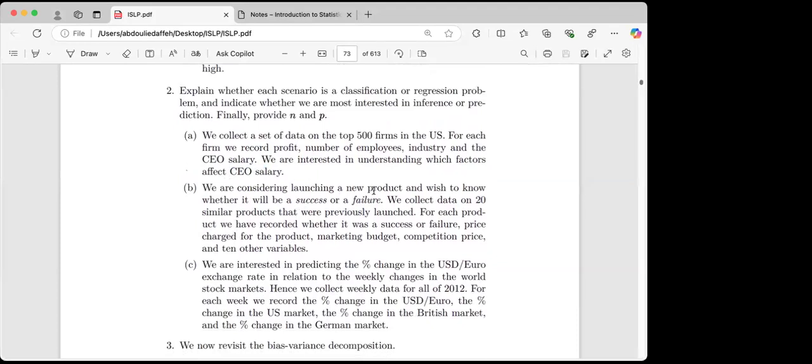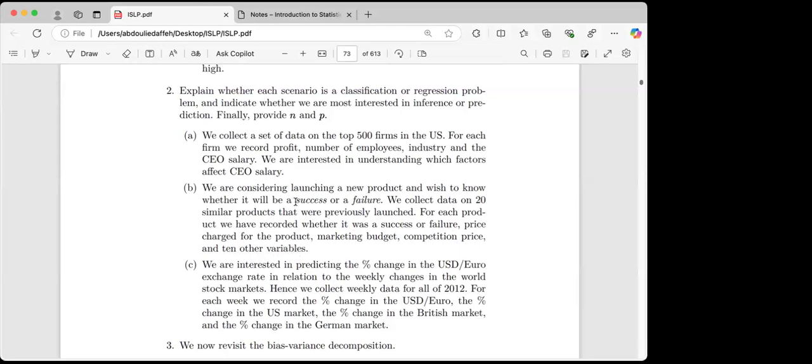So we are considering launching a new product and wish to know whether it will be a success or failure. We collect data on 20 similar products that were previously launched, so that's the sample size. For each product, we have recorded whether it was a success or a failure, the price, the marketing budget, the company, and 10 other variables.